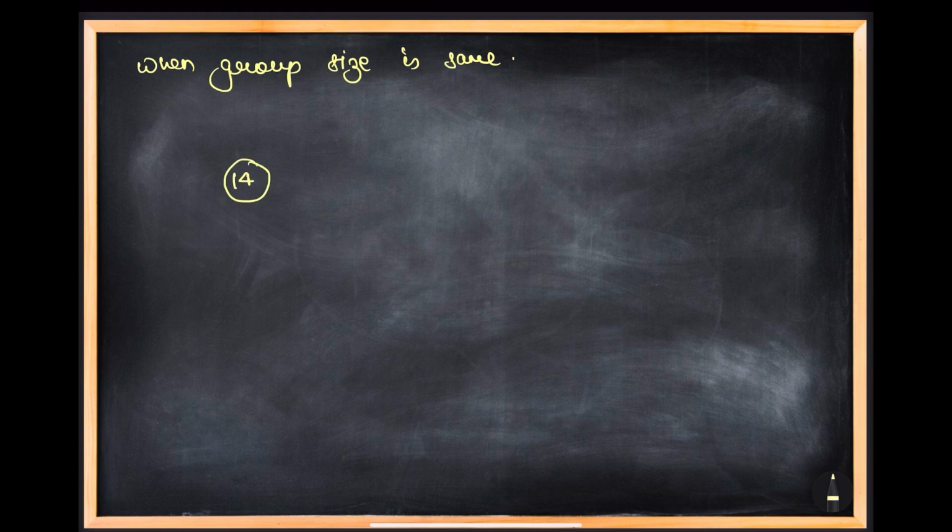Now try to understand what will happen if group size is the same. In that case, suppose that we have this example: 14 persons are to be distributed in groups of 4, 3, 3, 2 and 2.